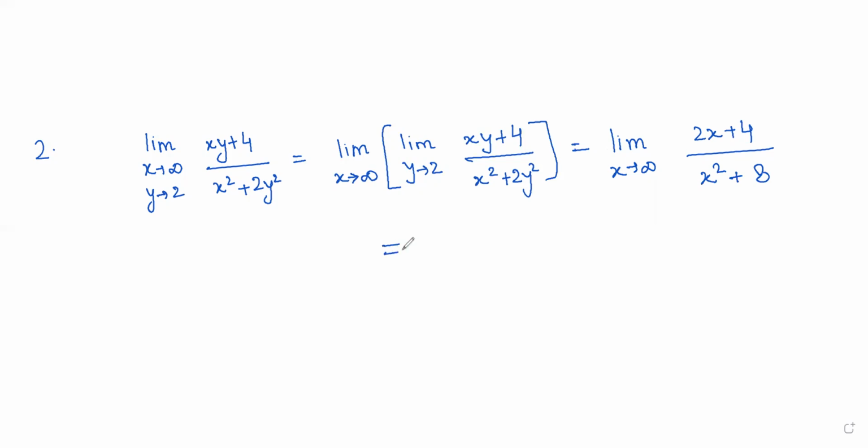We take x common: in the numerator, 2x common, inside we have 1 + 2 by x... in the denominator we take x common, inside we have x + 8 by x.